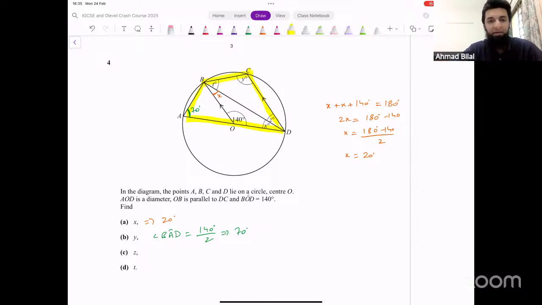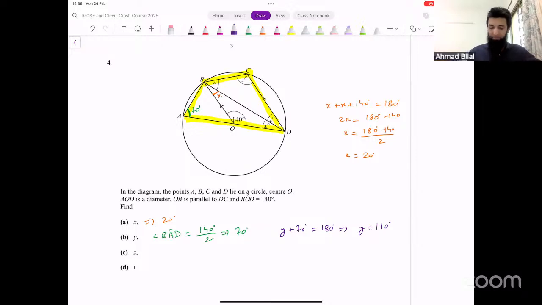It's a cyclic quadrilateral with all its vertices on the circumference, right? So we have a cyclic quadrilateral now. This angle 70 is opposite to the angle y. What that means is they should add up to 180. So y plus 70 should equal 180, and that gives us y equal to 110. That's the value of y that we get.